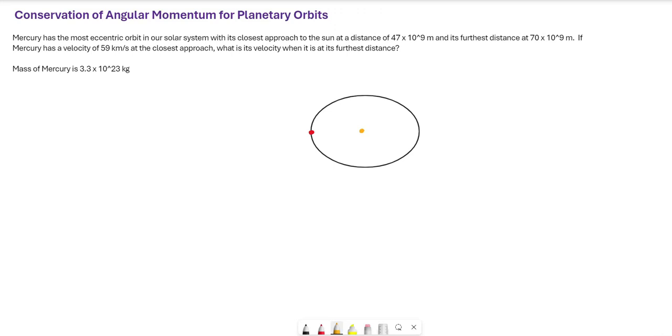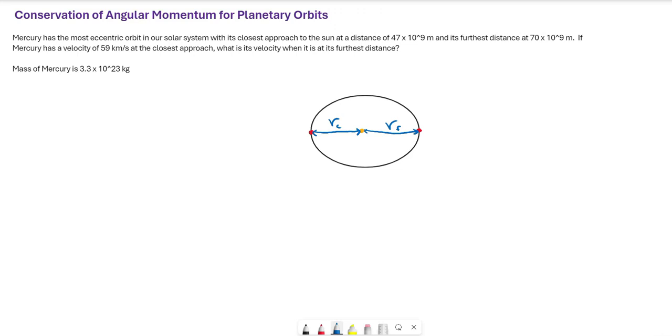At its closest approach, we have a distance we'll call RC for the closest approach. And then at another point in its orbit, it's going to be farthest away, and we'll call this RF. All of the distances in between are between RC and RF.